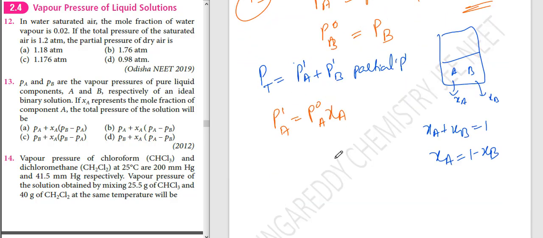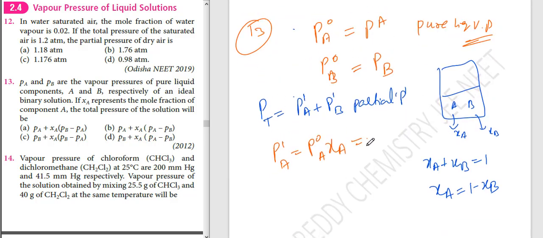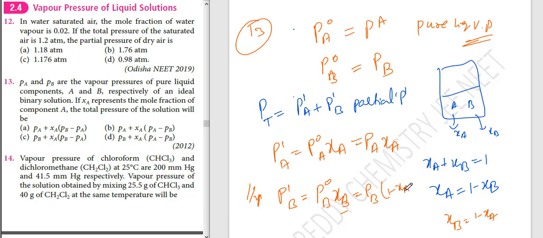Okay. Similarly here, but P naught A is given just like PA. Okay. PA and XA. Therefore, similarly P dash B equal to P naught B XB, that equal PB XB. In place of XB I can write it 1 minus XA. Okay, I am writing 1 minus XA.